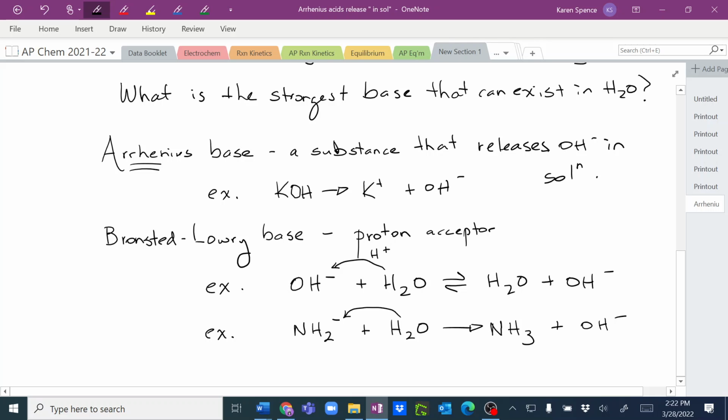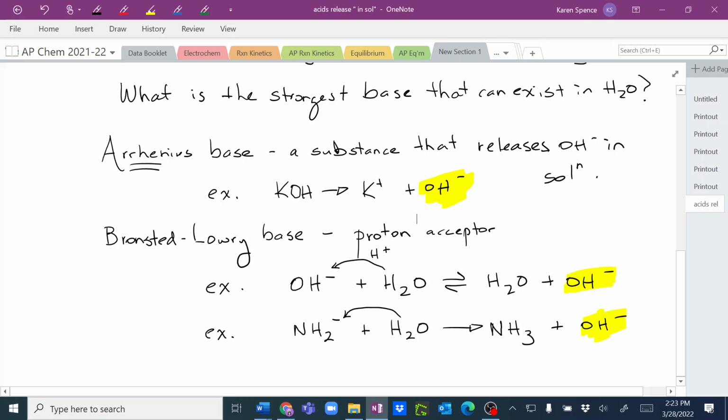So both of them end up producing hydroxide ions, but the Arrhenius base does it simply by releasing them, and the Bronsted-Lowry base does it by taking a hydrogen away from water. Yes? That's the difference. You're not going to be called upon to define those, possibly in regular chem, but not on the AP exam, I don't think. Probably not. Maybe Bronsted-Lowry, not Arrhenius.